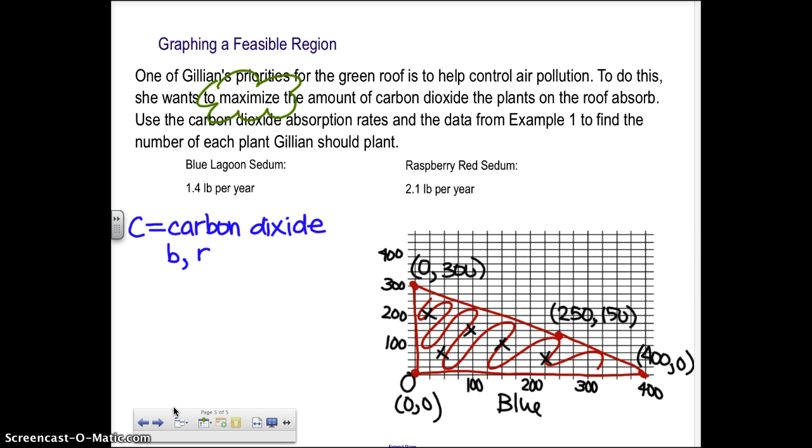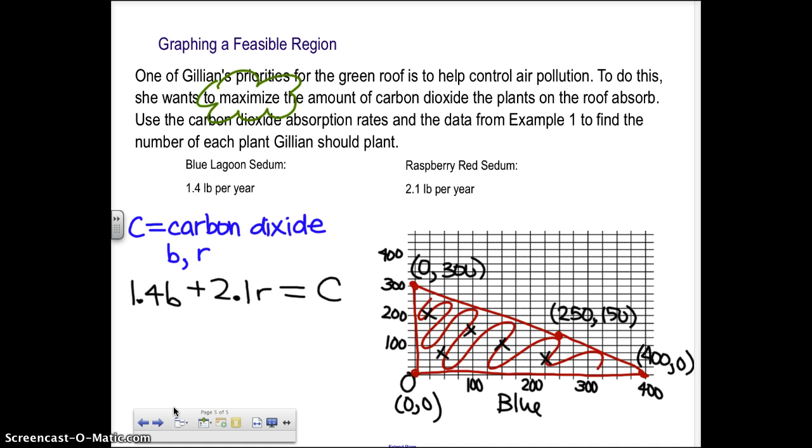Now the Blue Lagoon plant can do 1.4 pounds per year. So 1.4 times the number of blue plants is going to tell us how much carbon dioxide they can absorb. And then a raspberry one can do 2.1. And we want to make C as big as we possibly can.